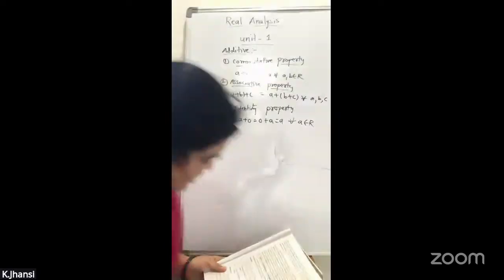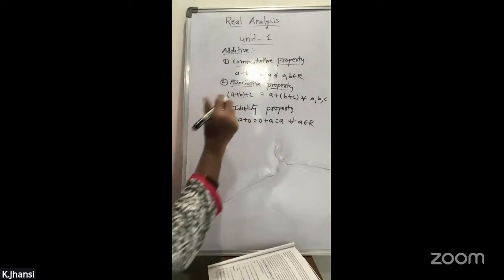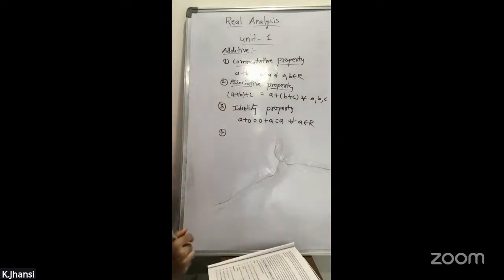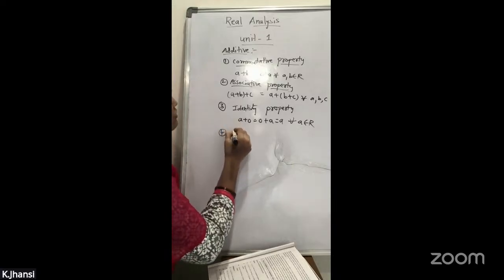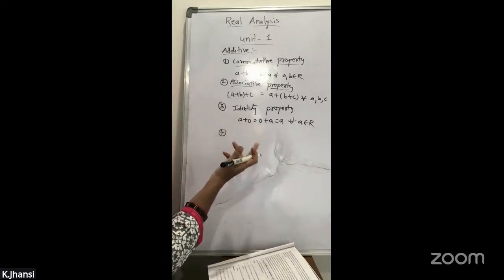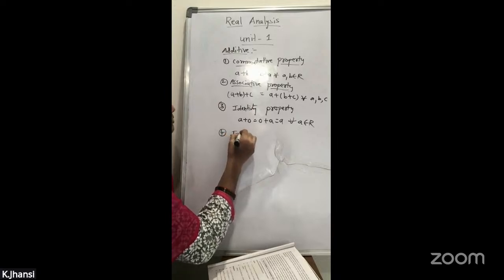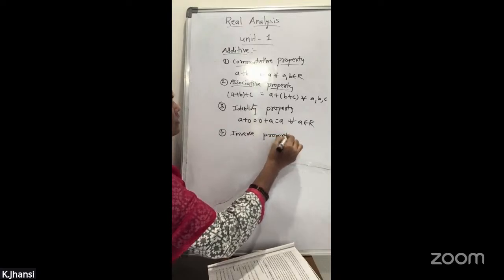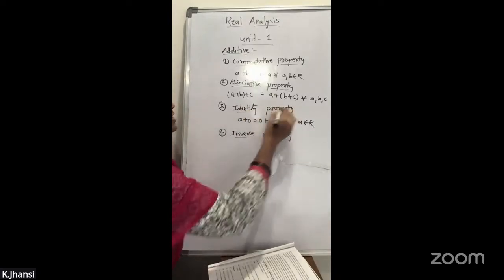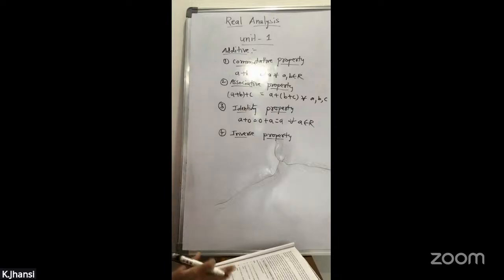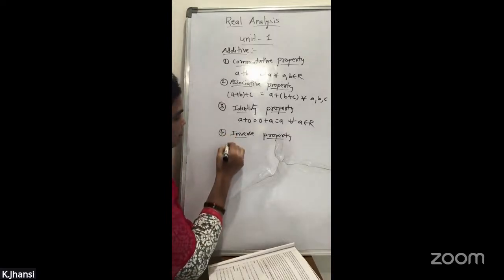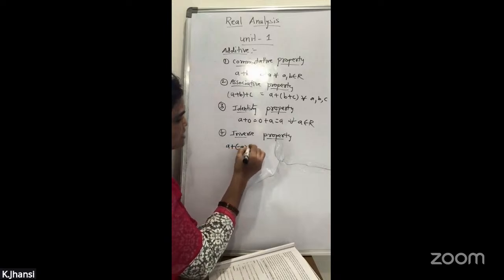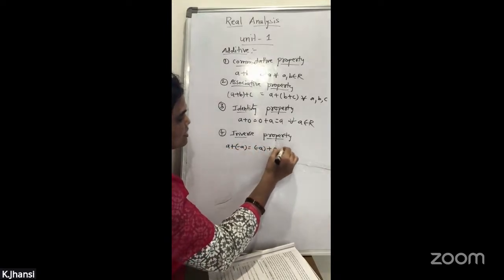Next, the fourth one is the inverse property, or else it is called the additive inverse also. For each a in R, there exists minus a in R such that a plus minus a is equal to minus a plus a is equal to 0.